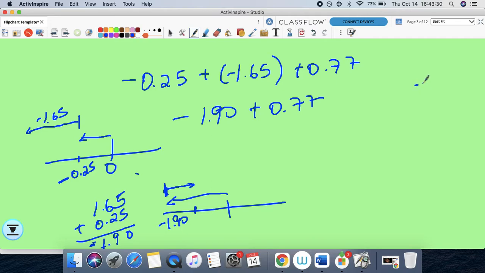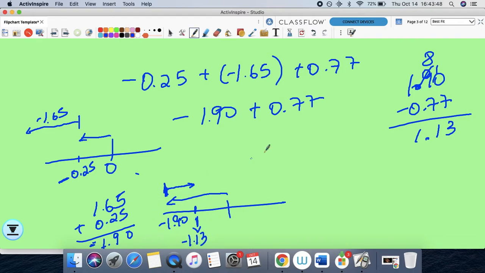In order to find that location, I'm going to take 1.90 and take away 0.77, and we end up at negative 1.13. You're still in debt, but a little bit less in debt.